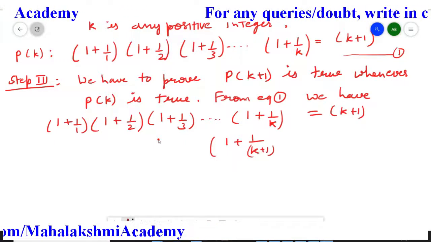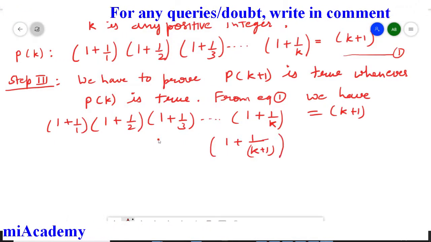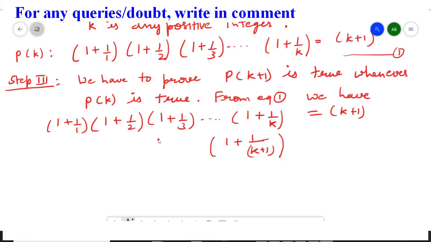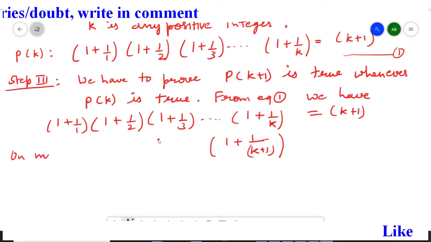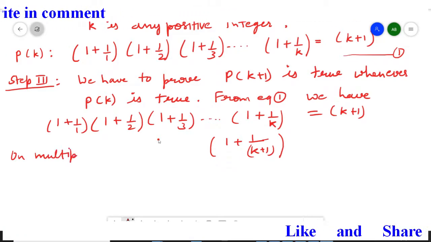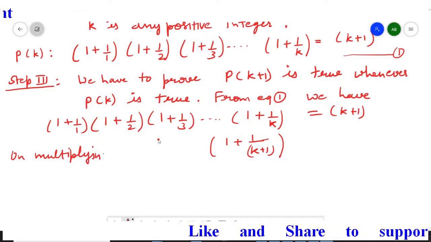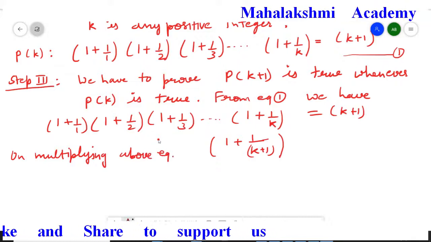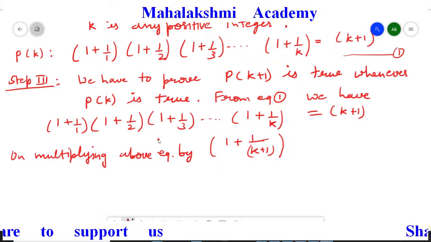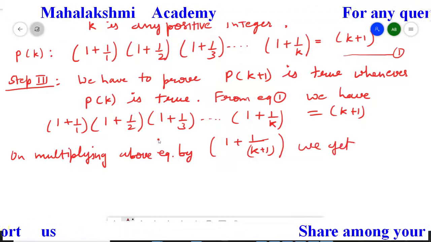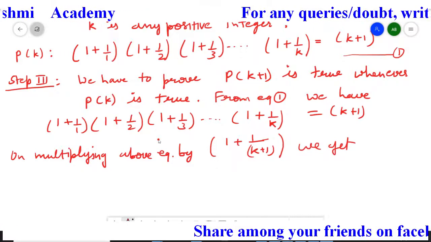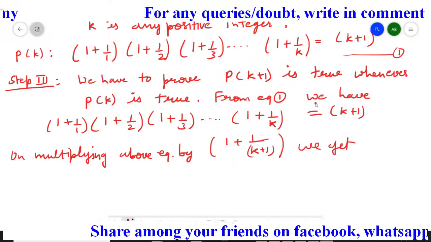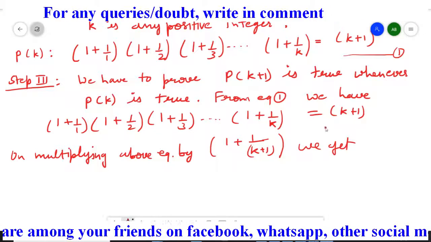So this term we have to multiply on both sides of the above equation. We will write, on multiplying the above equation by this, we get.